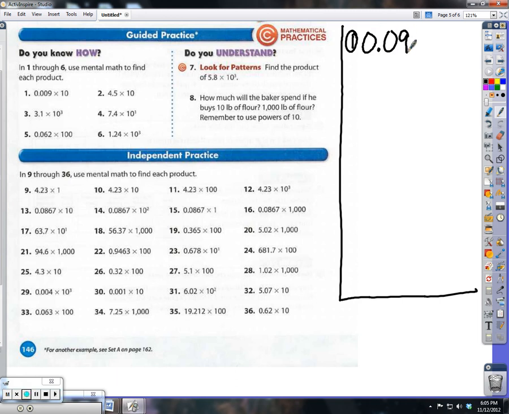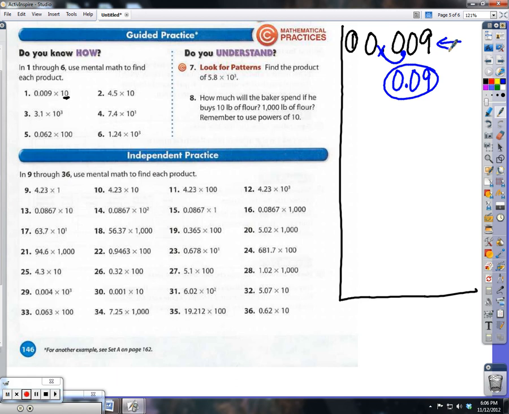Now, if it helps you, what you might also want to do, instead of just writing down the answer, if I were to work this out for number 1, I could put 0.009, and I know I'm multiplying by 10, so I know I have to move the decimal 1 place to the right, and you could even write this on your paper, 1 place to the right, put the new decimal, and that way you can just rewrite your answer 0.09. So it may help to do part of the problem on your paper.